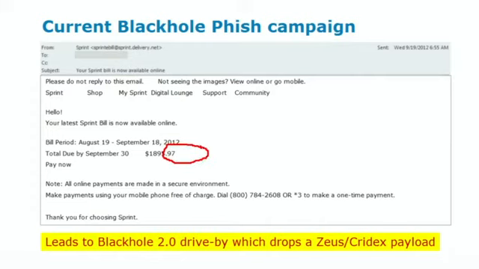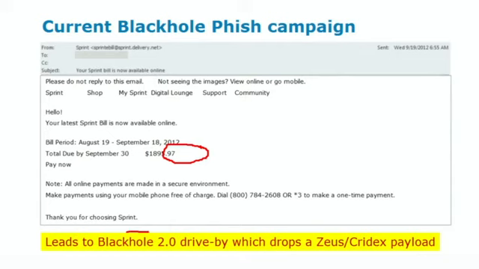This one has $1,895 in it, which is going to make you go, what? I better click on this and see what the heck happened in my account, and then you're going to get infected. This particular one that we're seeing over the past day or so leads to a Blackhole 2.0 drive-by page, which is dropping malware. Some vendors are saying it's Crydex, some are saying it's Zeus. They're both password stealing type botnet Trojans. So keep an eye out for that if you see it in any of your emails.